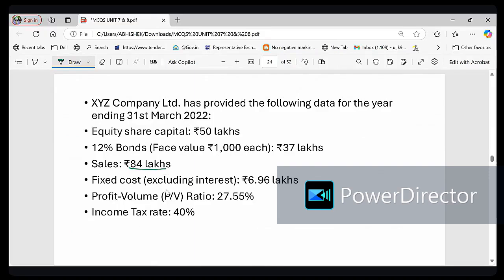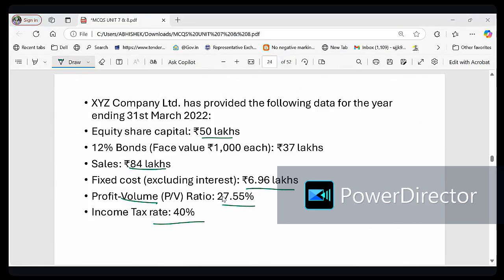P/V ratio, profit by volume ratio, is 27.55%. Fixed cost excluding interest is 6.96 lakh, and 12% bond 37 lakh. Face value is 1000. Equity capital is 50 lakh. Tax rate is 40%. These are the data which are given.